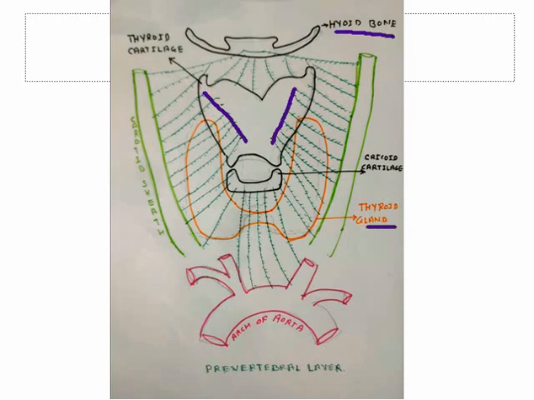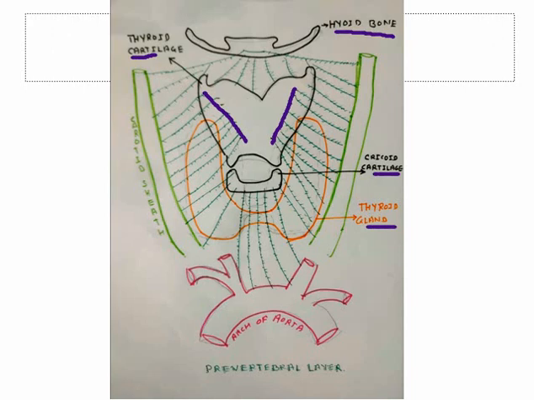So on this oblique line it is attached. Then it is also attached to the cricoid cartilage, which is below the thyroid cartilage. So the pretracheal layer is attached above in the center to the hyoid bone, then to the oblique line of the thyroid cartilage, and below to the cricoid cartilage. Right? This is the superior attachment of the pretracheal layer.